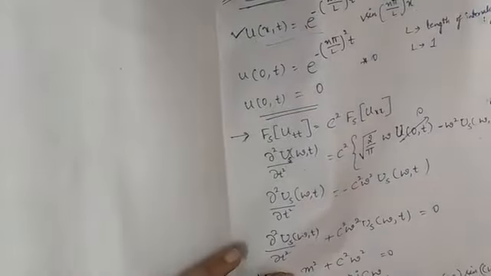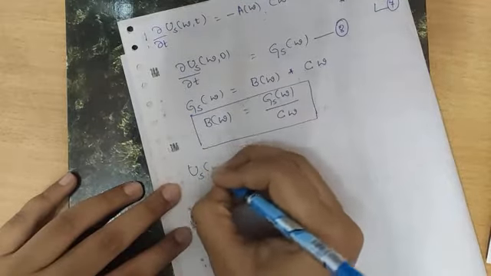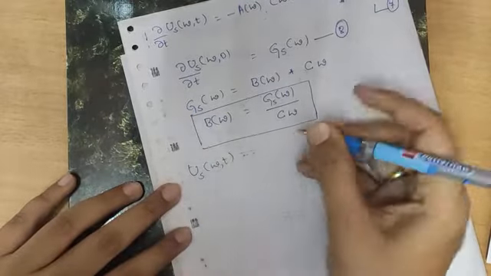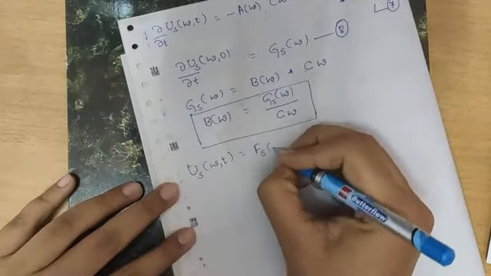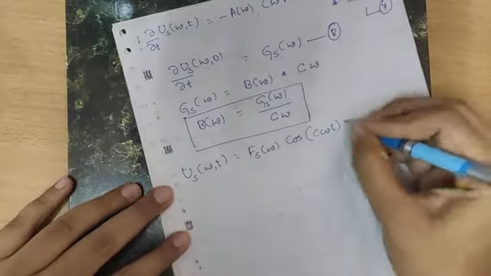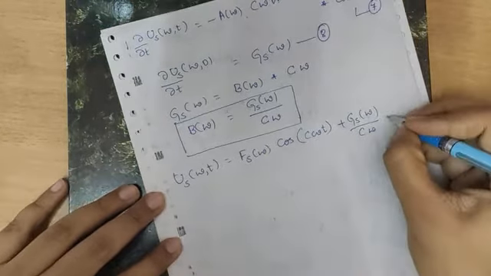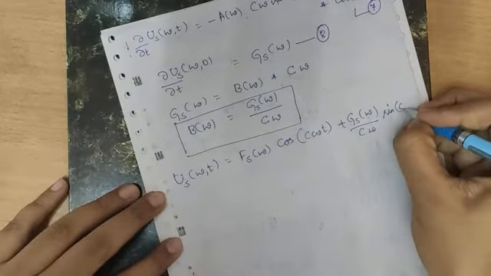We have found the value of A(ω) and B(ω). Now substitute that in equation number 5. You will get Us(ω, t) is equal to Fs(ω) cos(cωt) plus Gs(ω) by cω into sin(cωt).